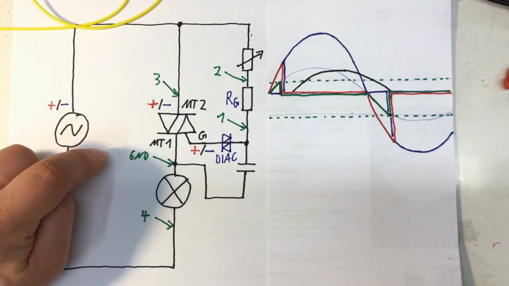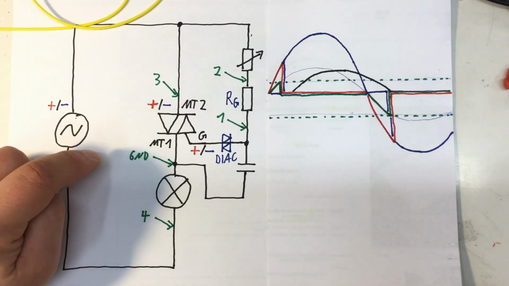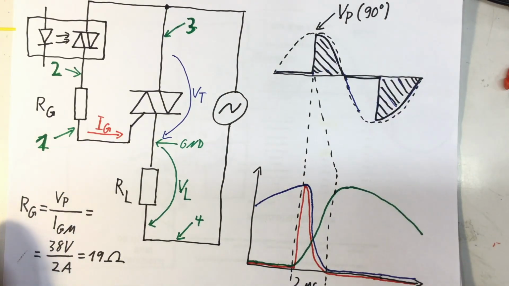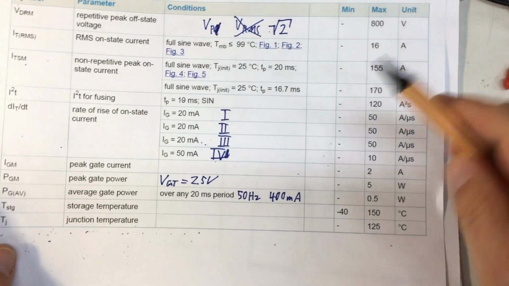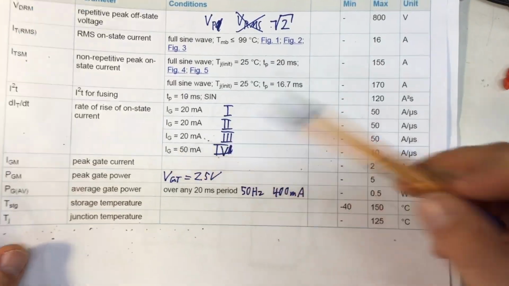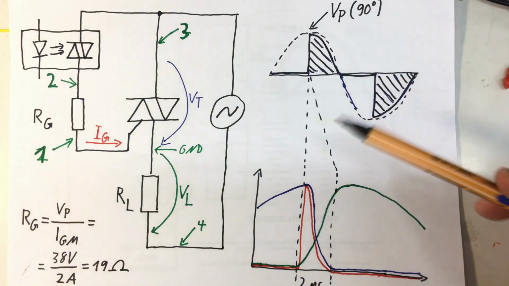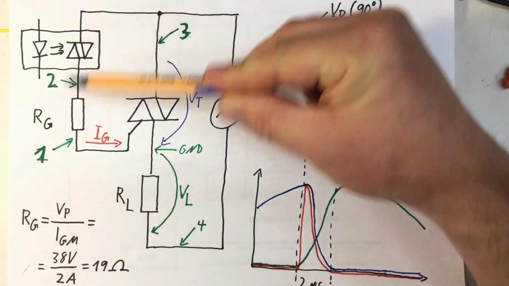And we already talked about that when we were speaking about the limiting factors. That was the peak gate current. And I showed that back then in part 2 in this circuit.